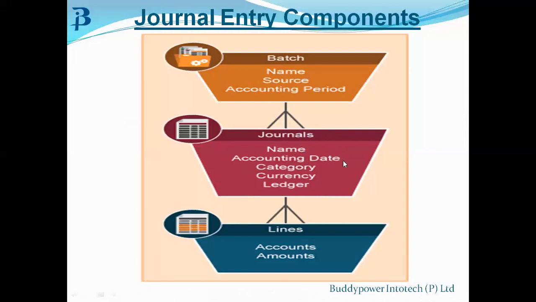To select the ledger from the choice list, your data access set must provide read and write access to the ledger, and read and write access to one or more balancing or management segment values. So these are the main things needed for a journal. And the next is the lines, which include your accounts and amounts.